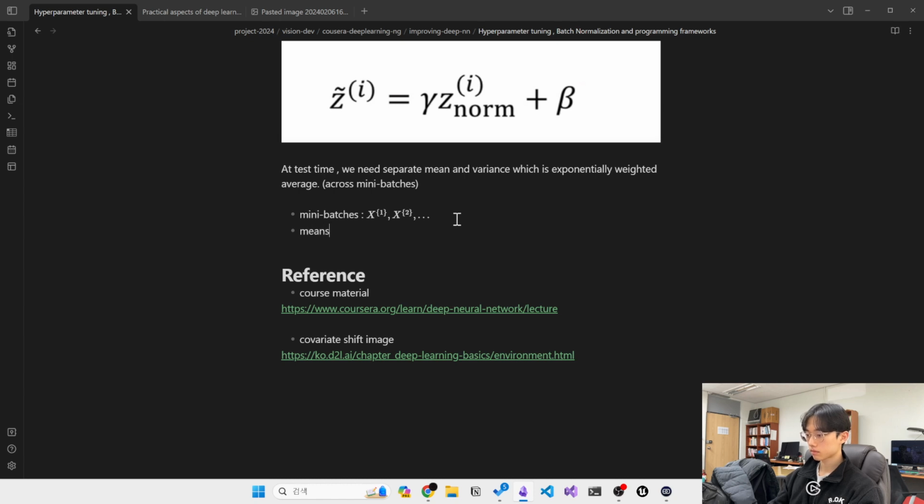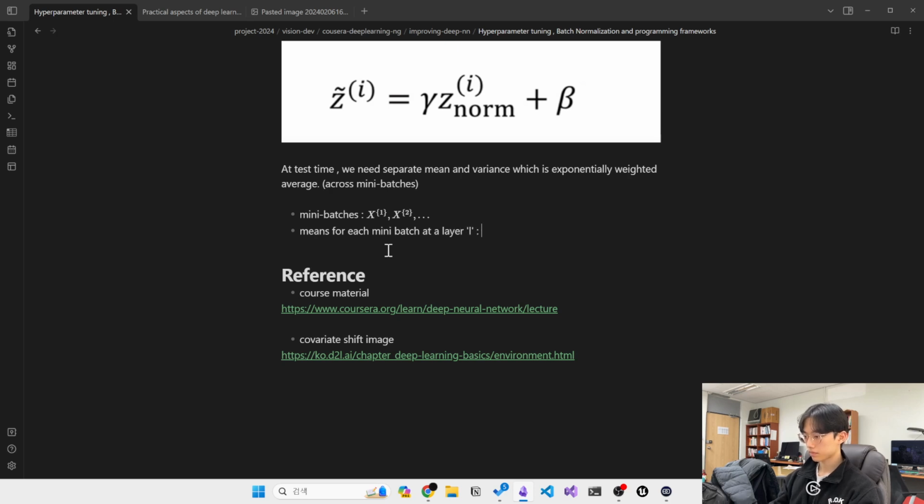And then when you train on the second mini batch, for that layer and that mini batch, you end up with some second value of mu. And then for the third mini batch, in this hidden layer, you end up with some third value for mu.